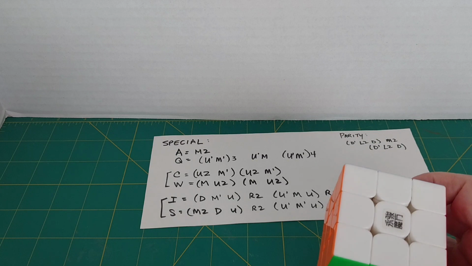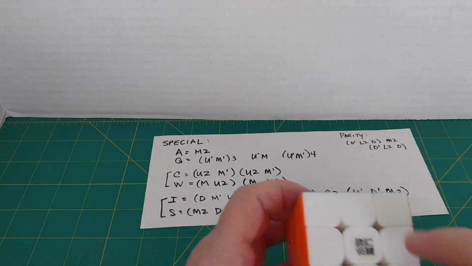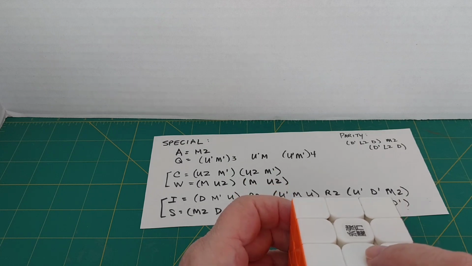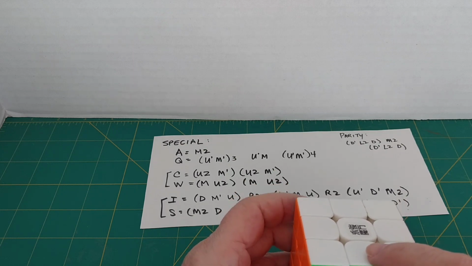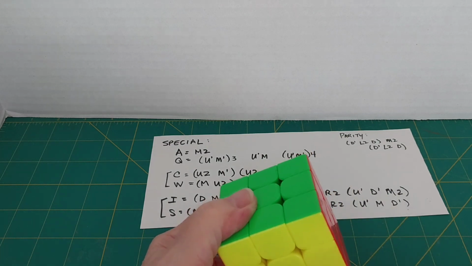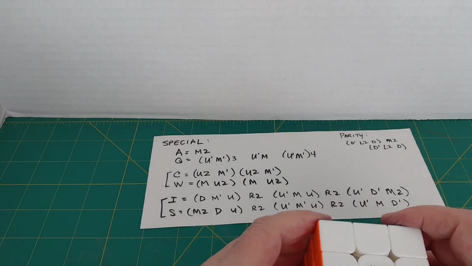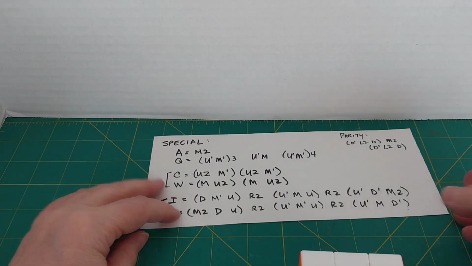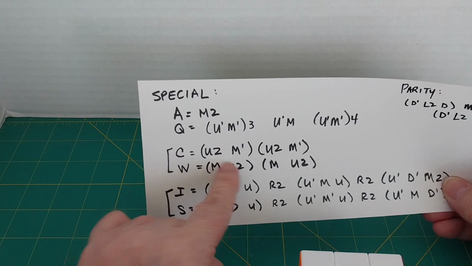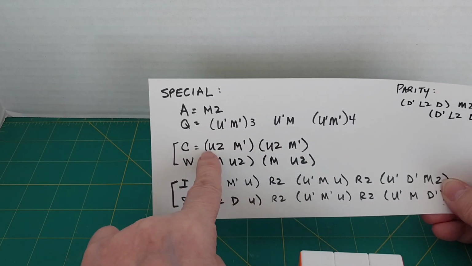C and W and I and S are a little bit different. So this is C, this top piece, and W is this piece. So they're opposites, which if you look at the algorithms and you read the C going forward is the same as the W coming the opposite back.